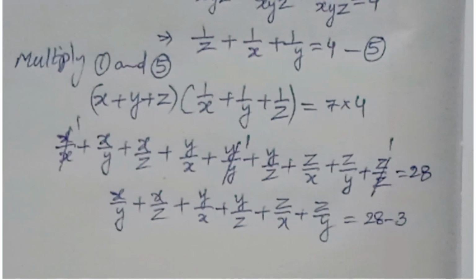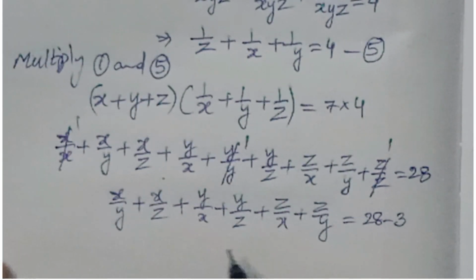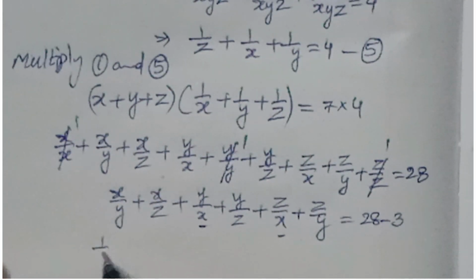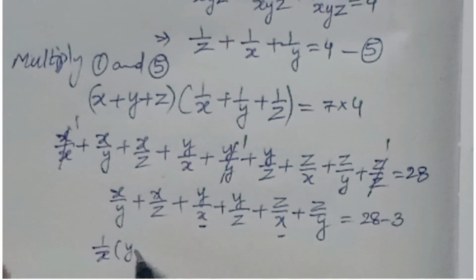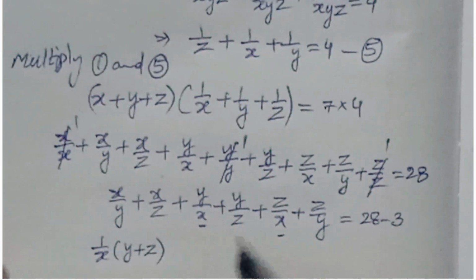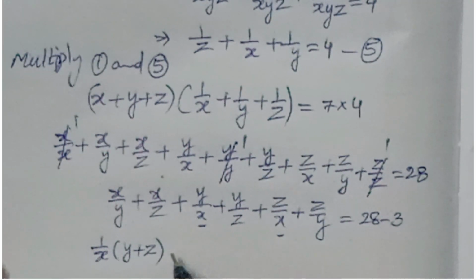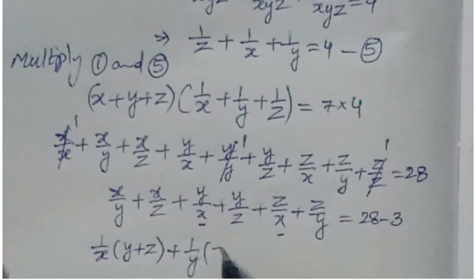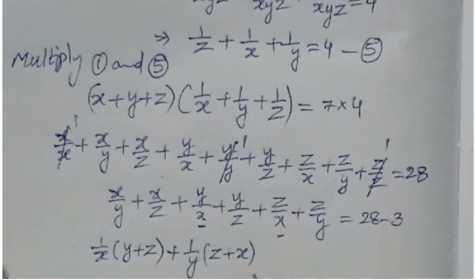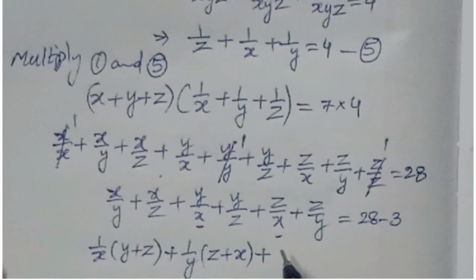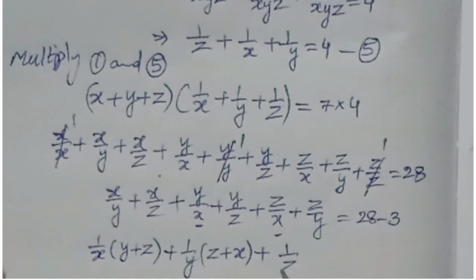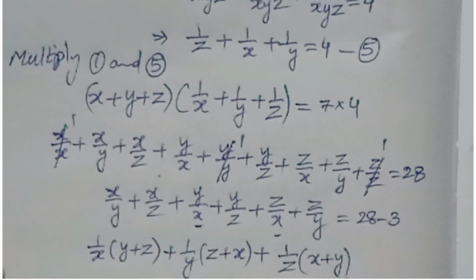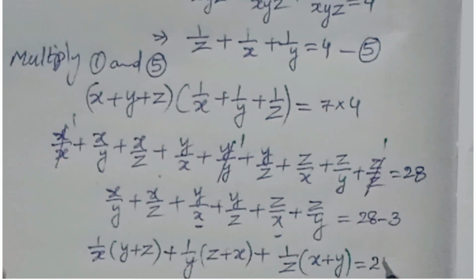Taking 1 by x common with y plus z, 1 by y common with z plus x, and 1 by z common with x plus y, this is equal to 25.